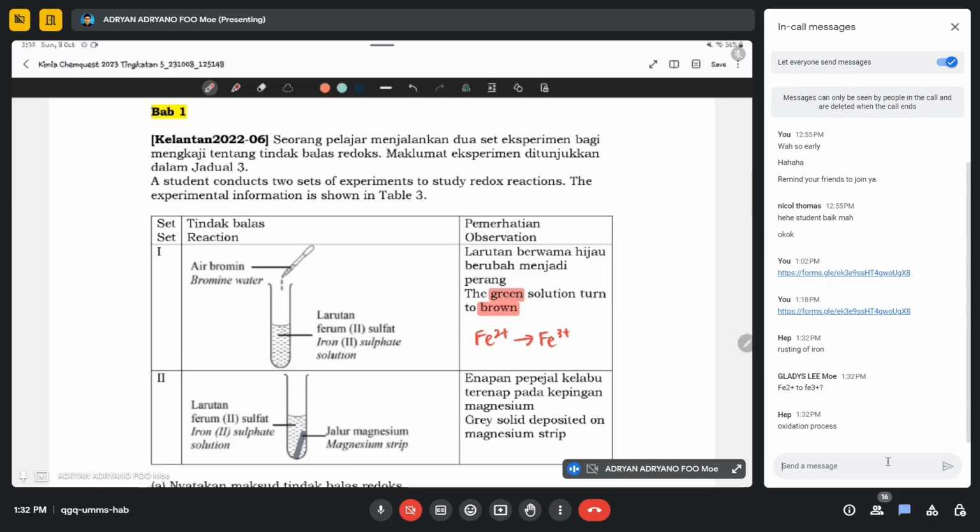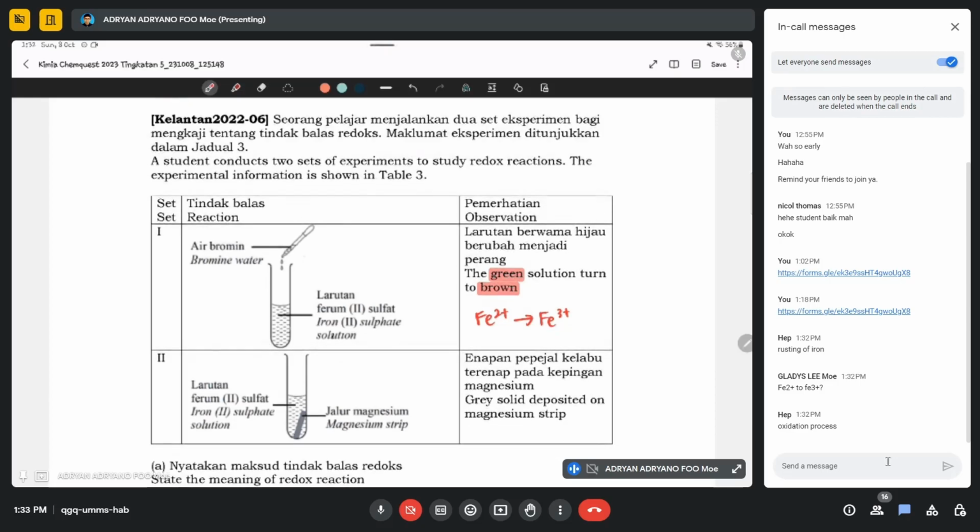Okay, this is what I understand. 题目没有问我，这个是我自己写的，自己有明白。这个是第一个 experiment，所以我可以总结来讲，第一个 experiment 它是拿来 test conversion of Fe2+ to Fe3+。OK，那我们来看第二个 experiment，iron 2 sulfate magnesium strip. What is the observation? Gray solid deposit on magnesium strip. Oh, gray solid. OK，请问 what happened here?